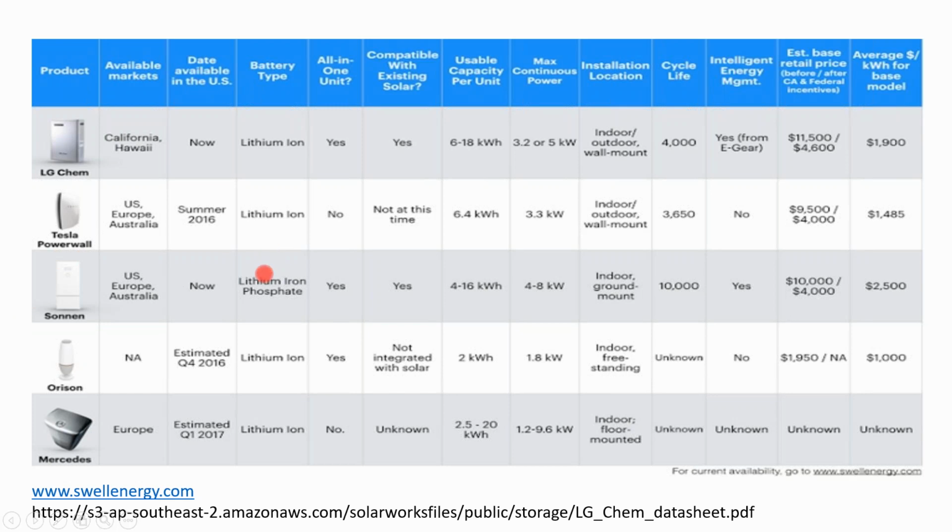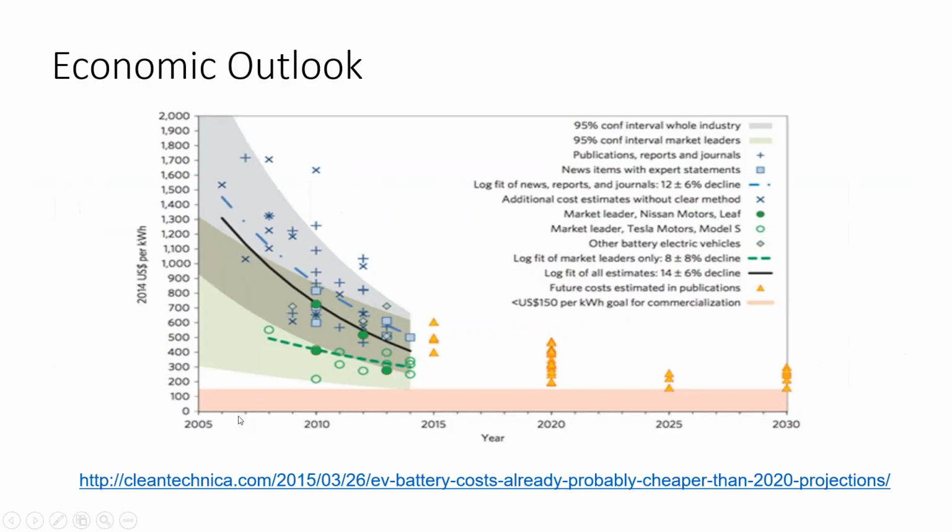They market themselves as a higher end product, so if you want that higher end, Sonnen's good to look at. And then Mercedes as well has lithium ion batteries on the market. So there are some synergies between making electric vehicles and stationary batteries.